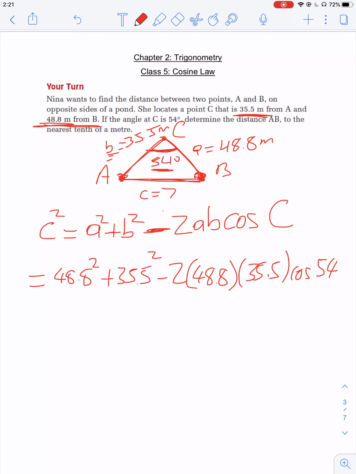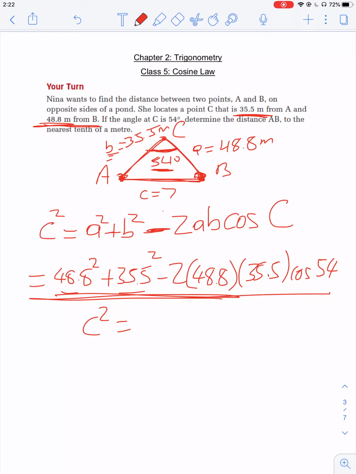Okay, so just crunch this into your calculator. So C squared will equal whatever your calculator spits out when you punch everything in. So 48.8 squared plus 35.5 squared minus 2 brackets 48.8 bracket.